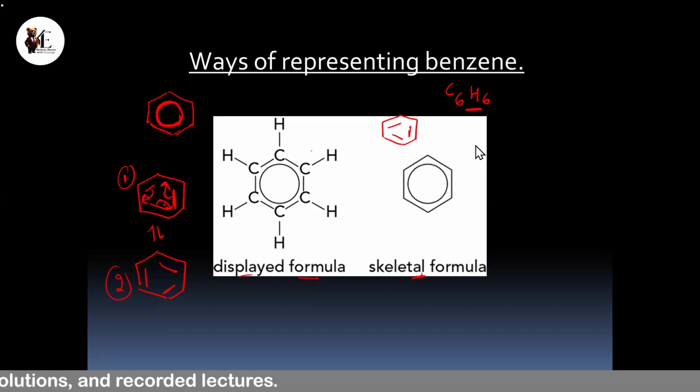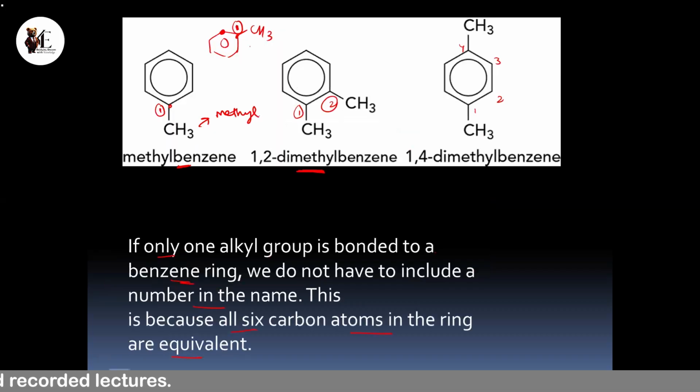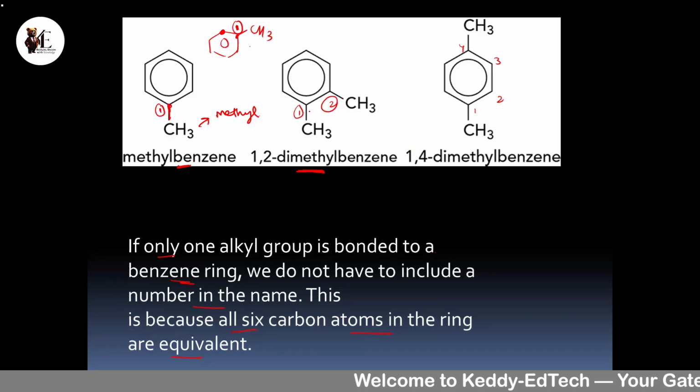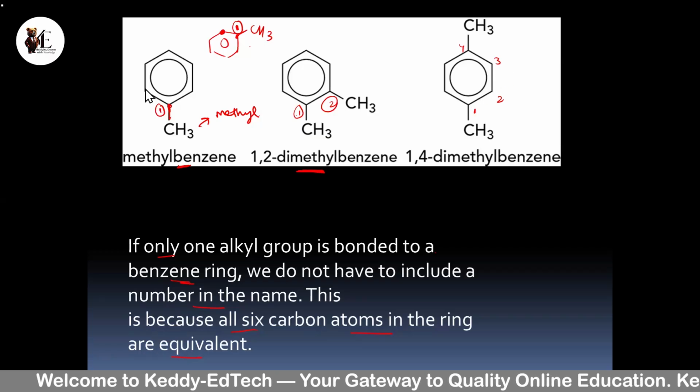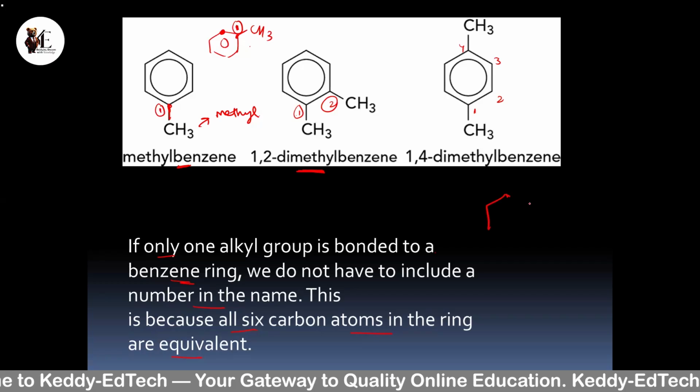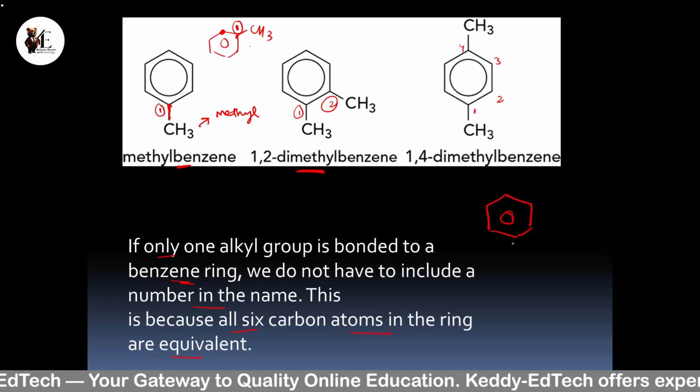Yes. And then we are discussing how to write the IUPAC name of benzene rings. If you have only one alkyl group, then you do not need to write the number in its name. You write just methyl benzene. If you have two methyl groups at adjacent positions, then you write 1,2-dimethyl benzene. And then you can number, 1, 2, 3, 4. Now tell me the name of this compound.